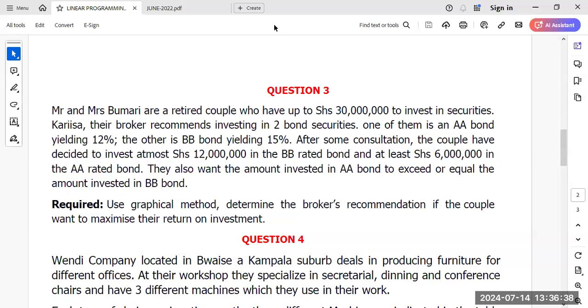Another mistake that people made is, you have up to 30 million to be invested. So people were combining, saying 6 million X plus 12 million Y is less or equal to 30 million, which is wrong.